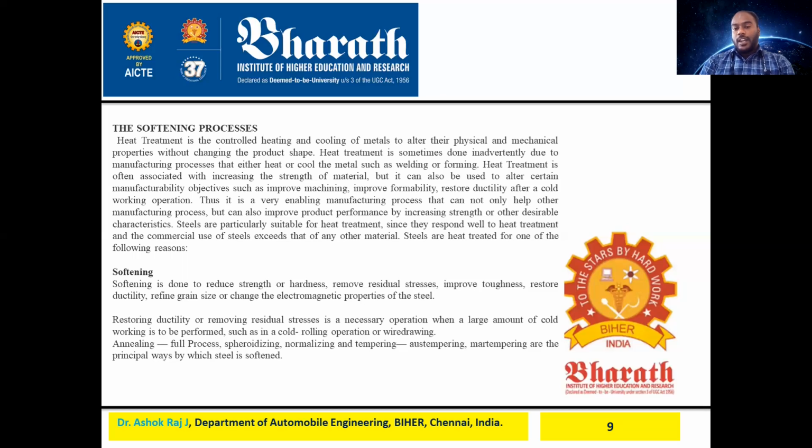Restoring the ductility and removing the residual stress is a necessary operation when a large amount of cold working is to be performed, such as in cold rolling or wire drawing. Annealing is the full process, and normalizing, tempering, austempering, martempering are the principal ways by which steel is softened.